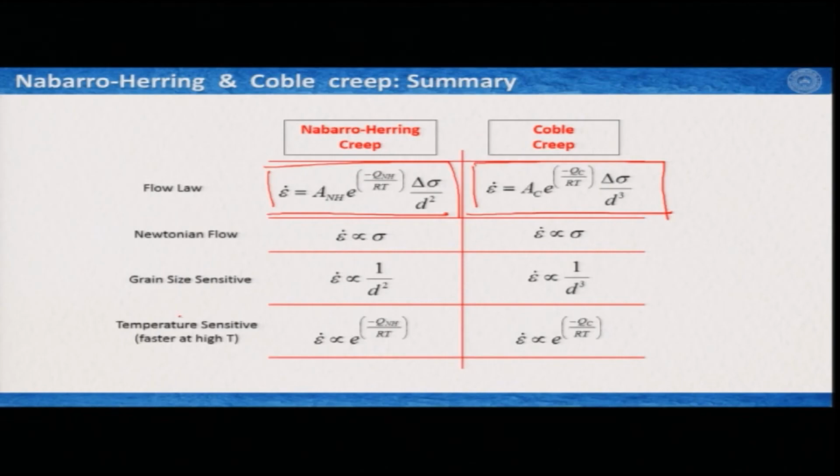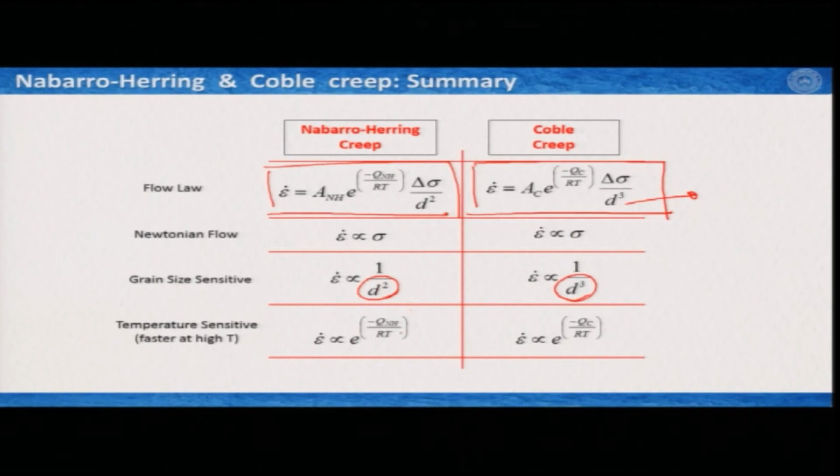Both of them are grain size sensitive. In Nabarro-Herring creep it is squared, and in Coble creep it is cubed. In these equations, d is the grain size. In the previous slides g was assigned as grain size, but in these slides I have defined it as d. I should correct it, but now you know that d means grain size here.